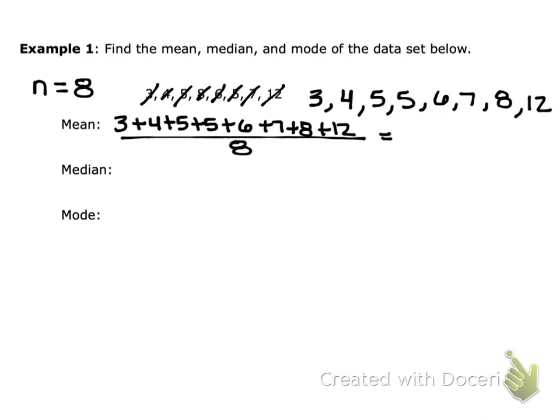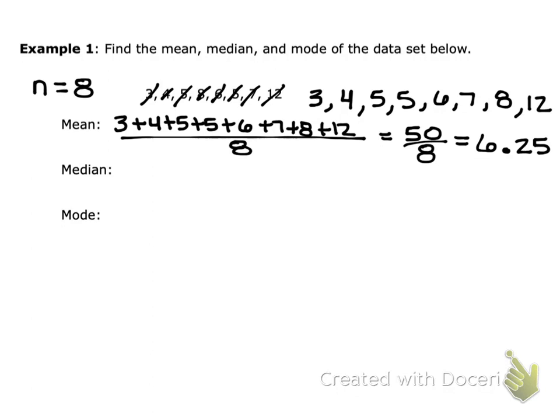So when we add all of that up, I'm getting 50, but can you check my math on that? Because you know how things go. Okay, 50 divided by 8, and we would end up with 6.25. So the average of all of these numbers is 6.25.